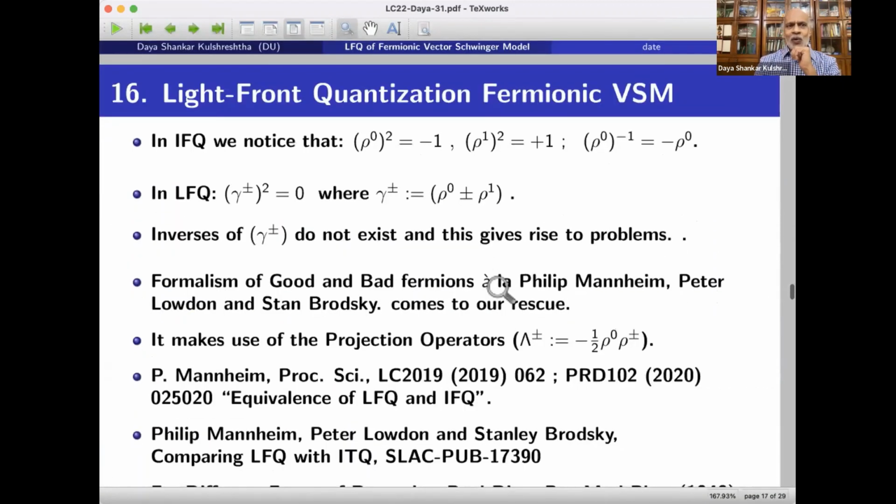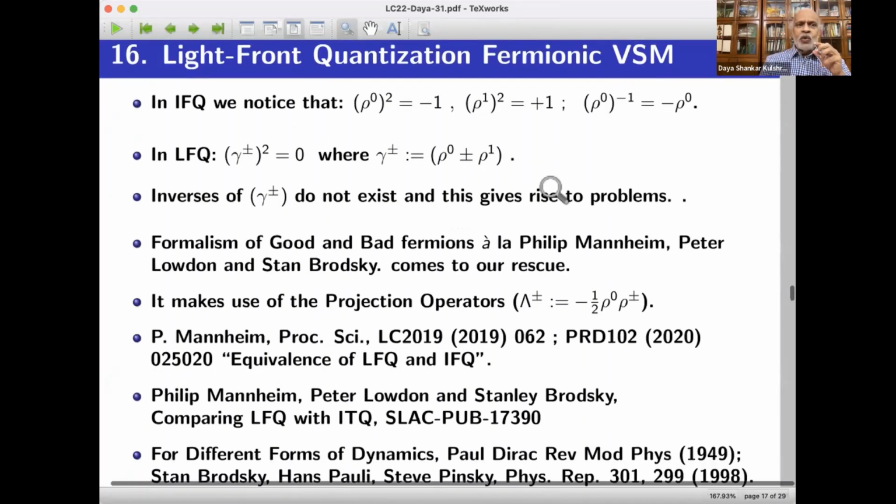All right, now let us go over to the light-front quantization of the same theory. So I again recap that my rho 0 square was minus 1, rho 1 is the unit matrix, so not a problem. And the inverse of rho 0 exists. That was the main point.